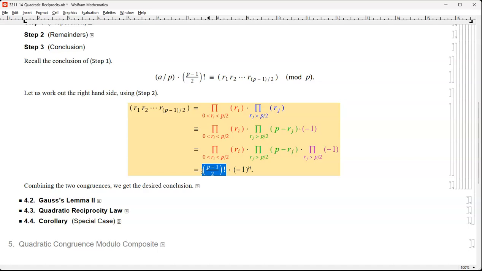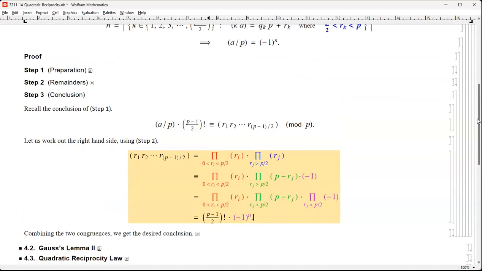If you're multiplying them all, then permuting those, in a different order, doesn't change anything. Multiplication is commutative. And in here, how many negative 1s did I multiply? n, the number of blue R_j's, the number of big R_j's, the number of remainders greater than p over 2. So that's what we got on the right-hand side.